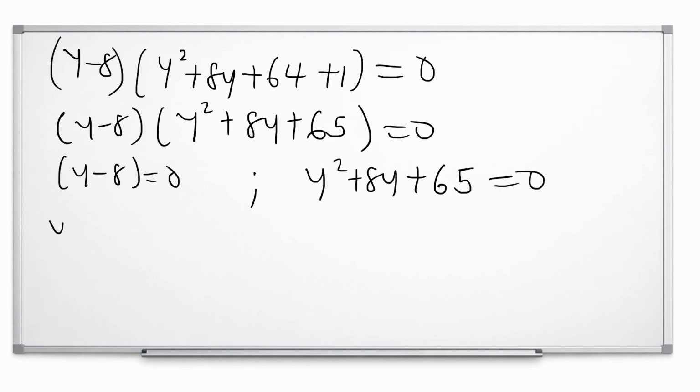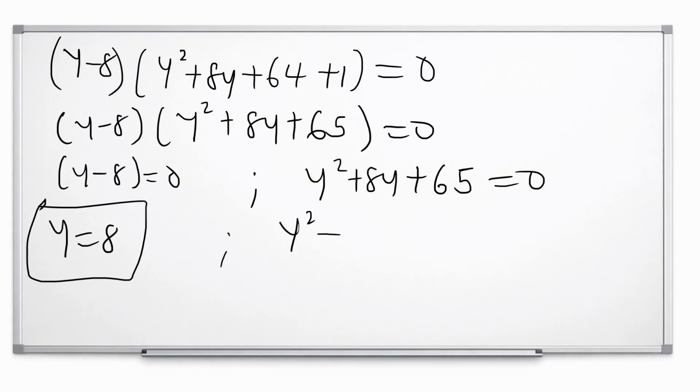So my first solution is that y is equal to 8. This is the first solution I got. And for my second solution, I have y^2 + 8y + 65 = 0. I can decide to solve this using the quadratic formula approach. Yes, solving this using the quadratic formula should be the best way.